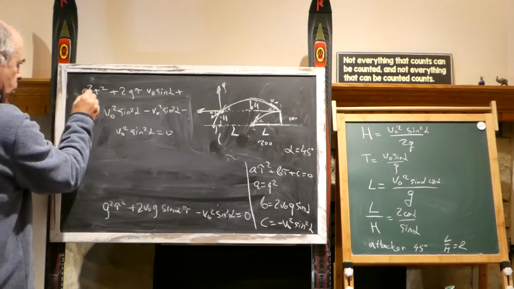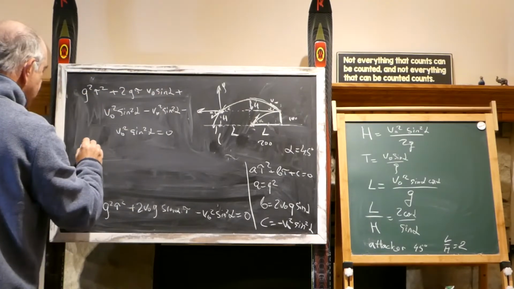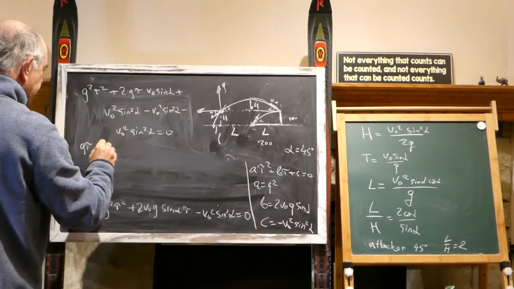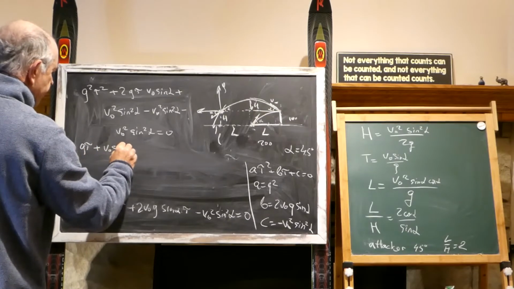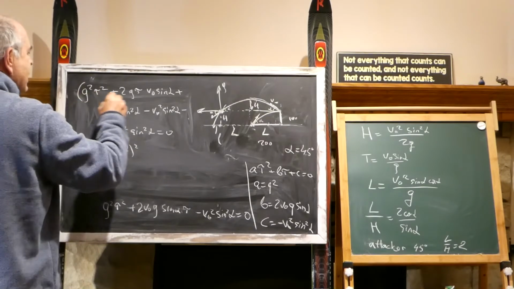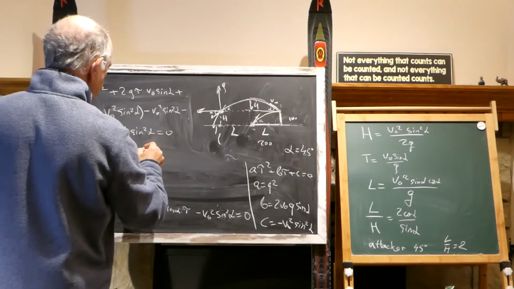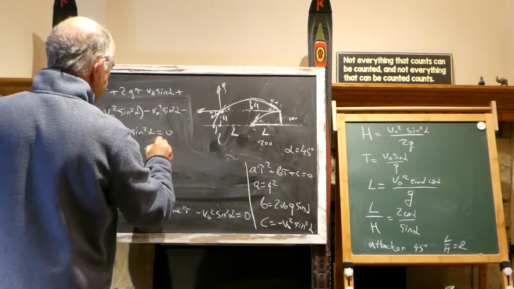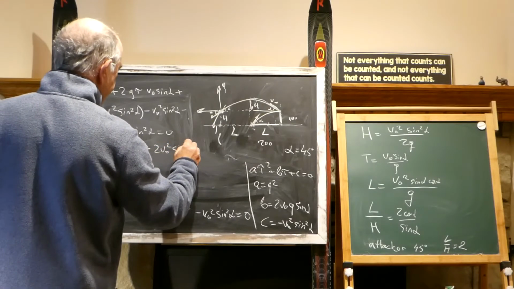And I'm very happy because I have this, and this becomes g tau plus v0 sine alpha, and this is squared. This is those three guys. And those two are the same, so it would be minus 2v0 squared sine squared alpha.